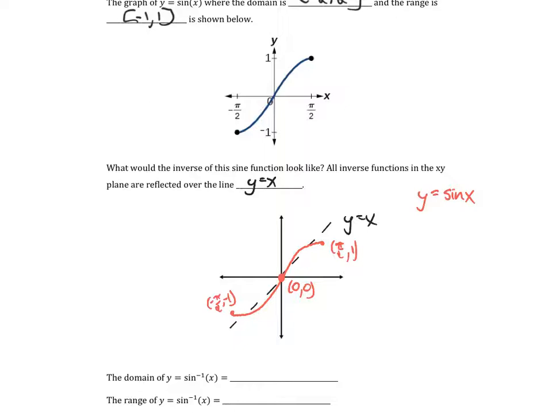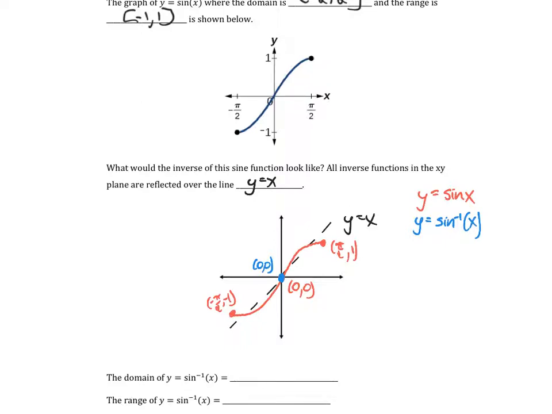So what would inverse sine of x look like? Well, I do know that in an inverse function, the x and y values are just swapped. So let's start with 0, 0. On inverse sine of x, I would also have the point 0, 0.